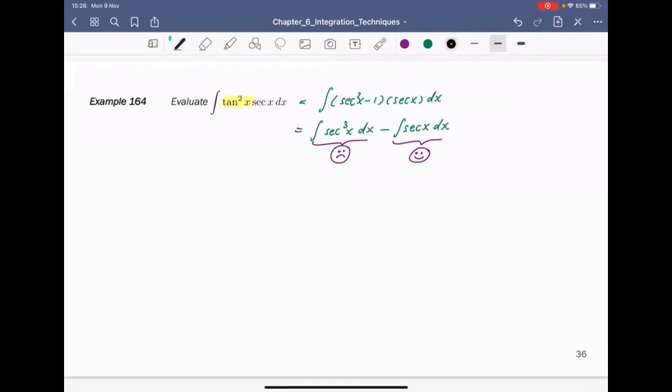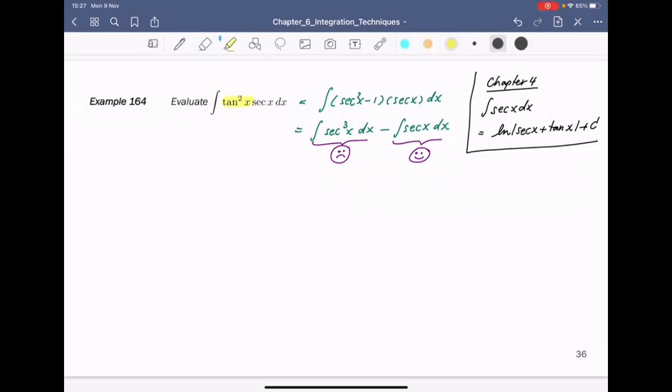Keep in mind that from chapter 4, when we learned transcendental functions, integrate sec x dx is log sec x plus tan x plus c. So that means I can deal with the second term easily. I'm happy with that. The only thing that I need to worry about now is the first term. How can I integrate sec cube? Well, by parts.